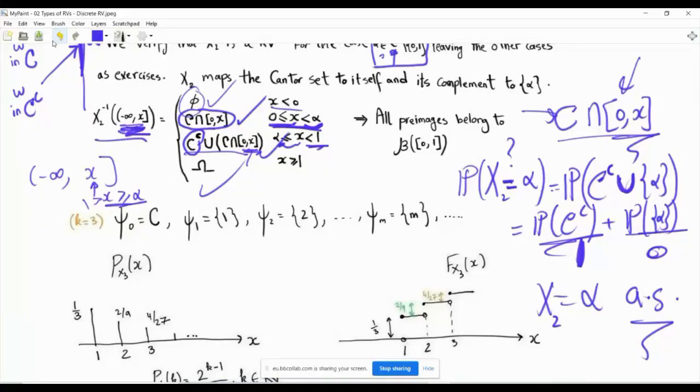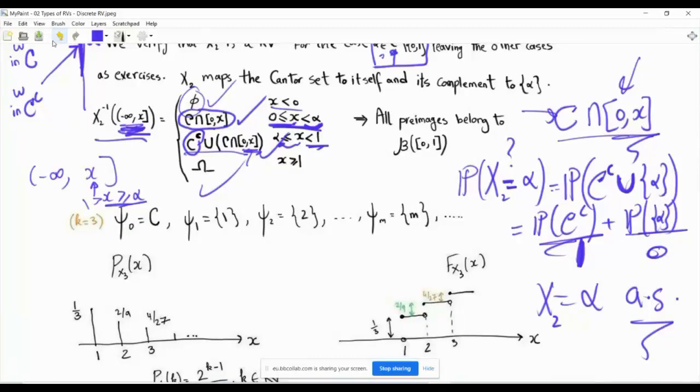So if I tell you to define a discrete random variable, you do not define it by saying that it's a random variable that takes finite or countably infinite values. Here we have a random variable that takes uncountably infinite values, and still it is a discrete random variable.